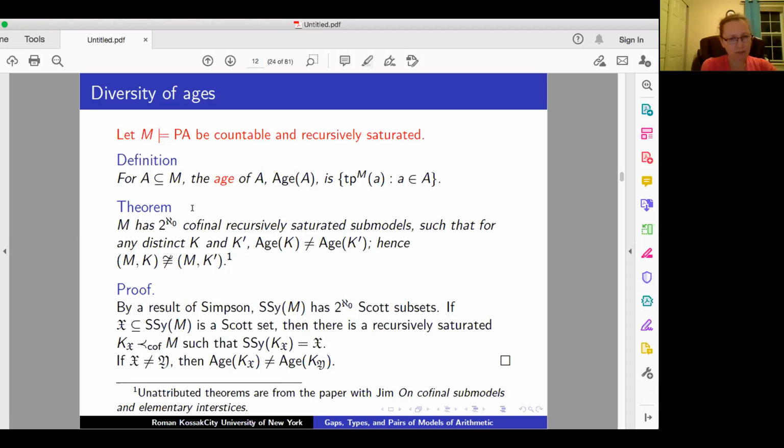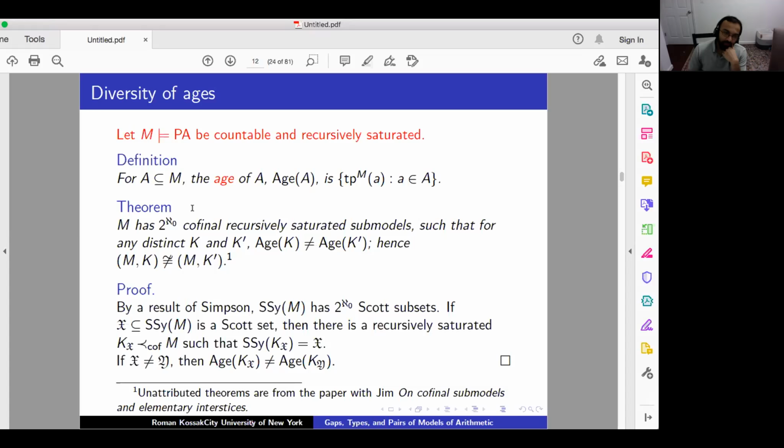So that's step one. Then you do an embedding of K_X into M. But when you have this sort of back and forth procedure, in this case it's really the forth step only, because you do the embedding. You just make sure that the image, the range of the embedding, is cofinal, and that's not difficult to do. You have much freedom in doing that.